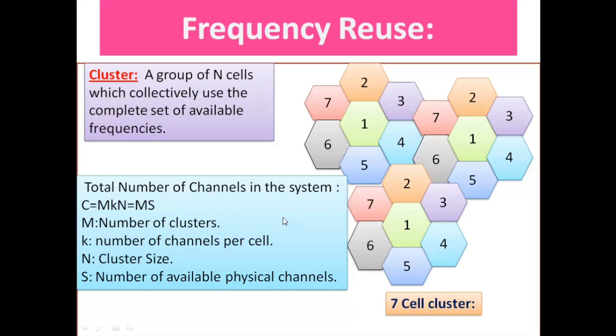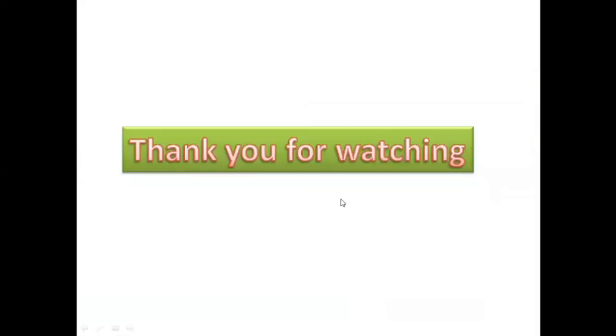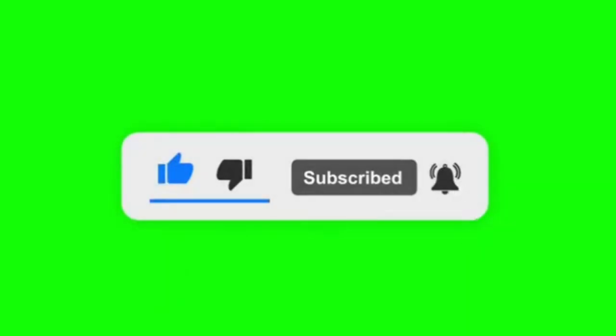And in each cell I have a number of channels given by the parameter K. By multiplying the number of clusters, cluster size, and number of channels per cell, I'll be able to find the total number of channels available in this area. So this is how, by going in for frequency reuse, we can improve the capacity while considering the interference also.